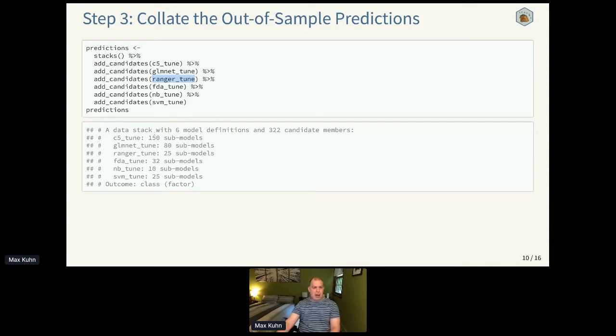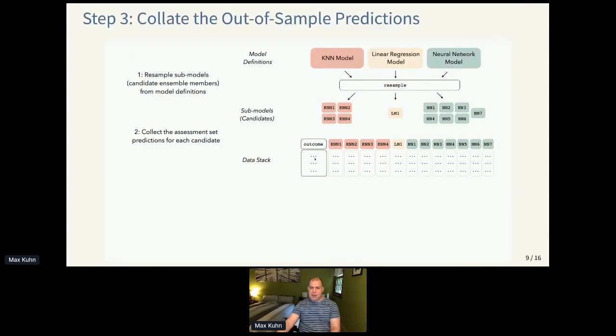When you print that out, it gives you a list saying that 6 models were used and 322 candidate members, meaning across those 6 models, this is the total number of submodels that were evaluated. It gives you the breakdown of each here. It also tells you that you're trying to predict an outcome. One thing about the data stack is it takes the original outcome from the training set and matches it up to all the out-of-sample predictions.